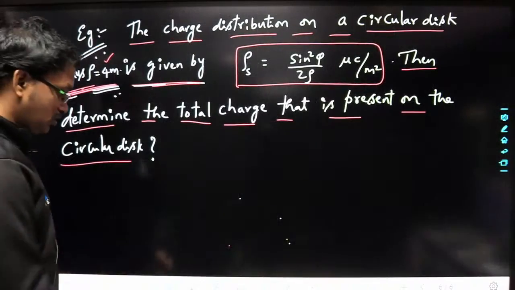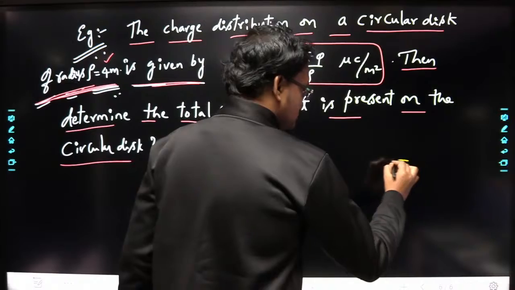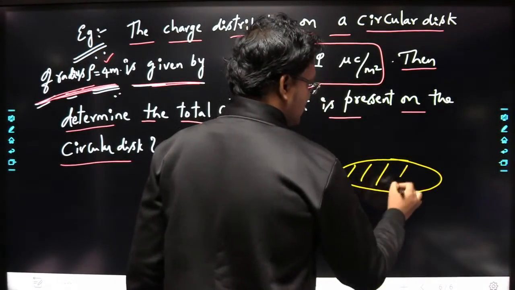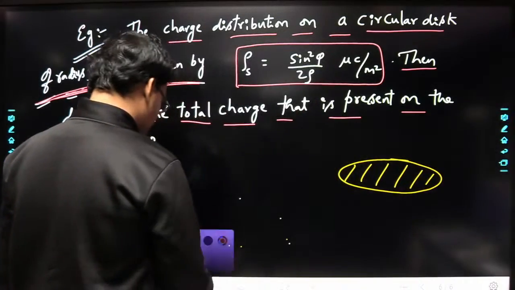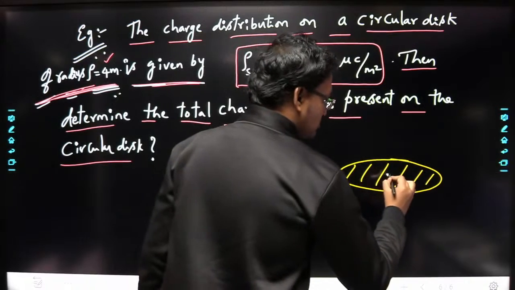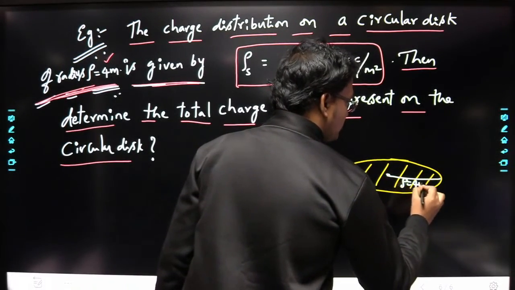So consider a circular disc here. What is the radius of the circular disc? The radius of the circular disc is 4 meters.